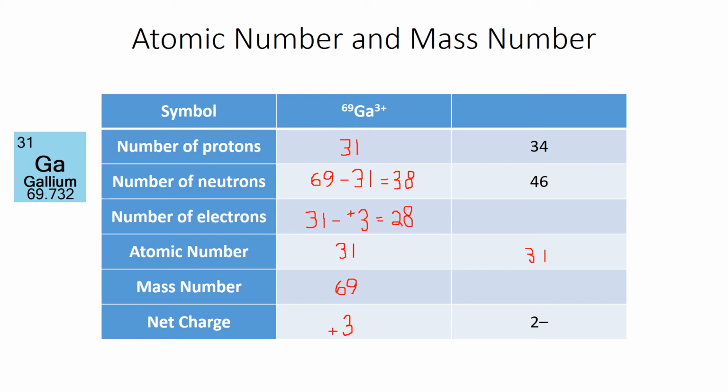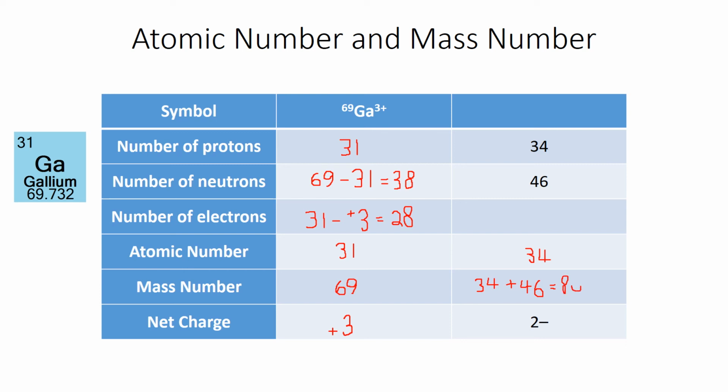Okay, now my mass number is the number of protons plus the number of neutrons, which here I have 34 protons and 46 neutrons. So my mass number is 34 plus 46. Which is 80.